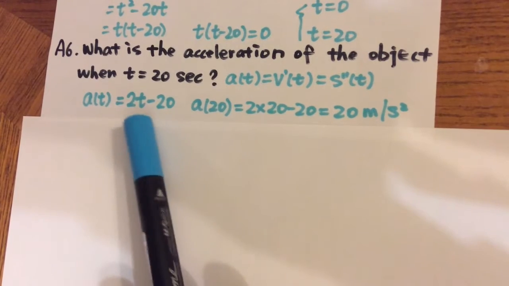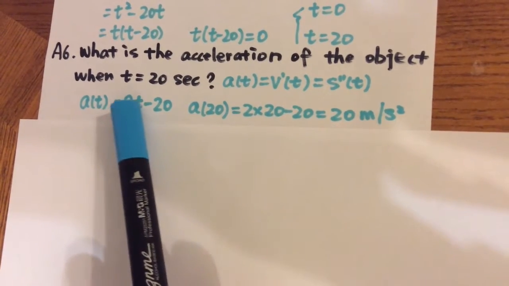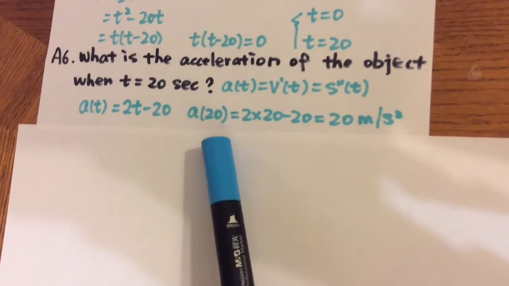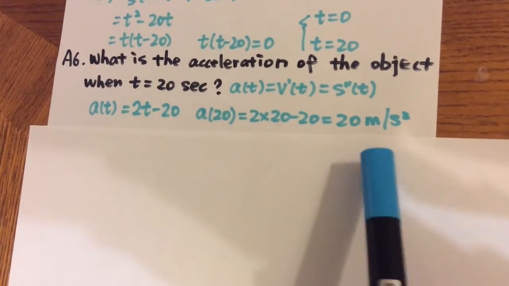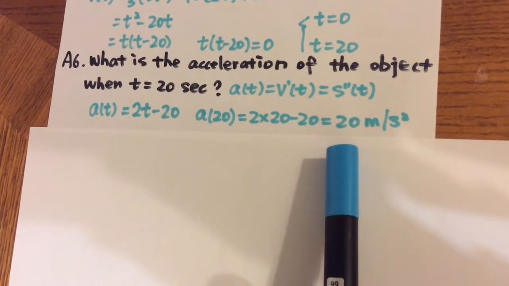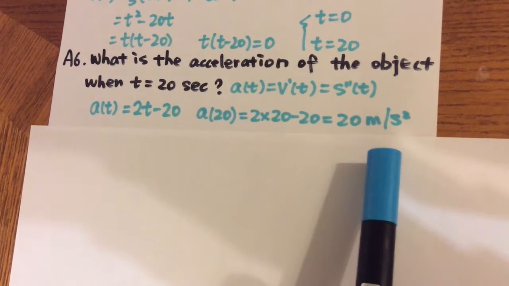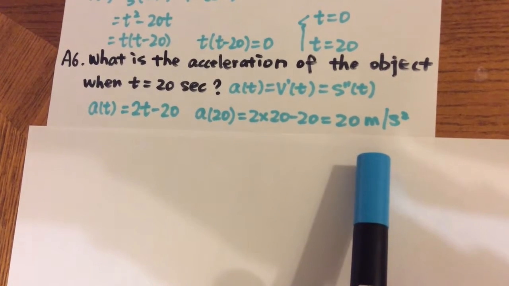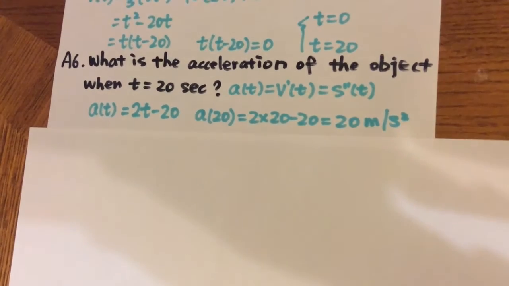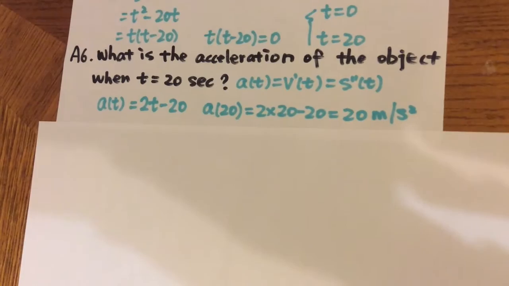So, and we can see the question asks for the object when t equal to 20 seconds, so we put 20 in this equation. Finally, we got the answer is 20 meters per second squared. So that's the answer of A6.